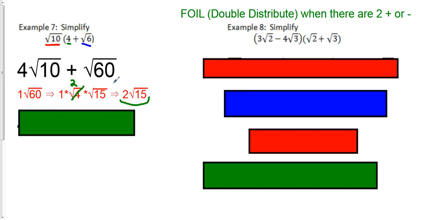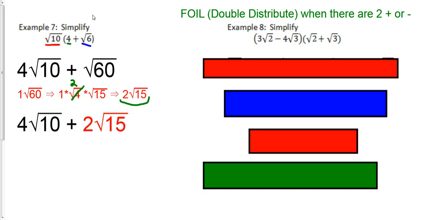So that takes the place of this one here. Replacing this for our second term there, our whole new expression is now 4 times the square root of 10, that was here before, plus, instead of square root of 60, we simplified it to 2 square roots of 15. So this would be our final simplified answer.